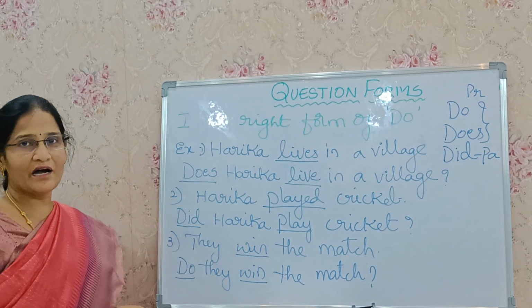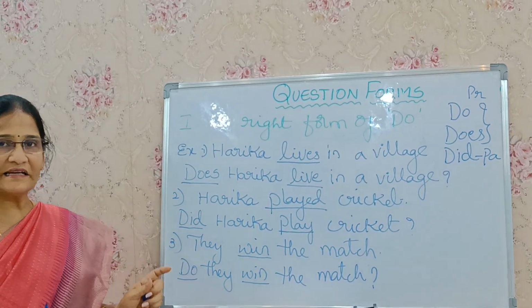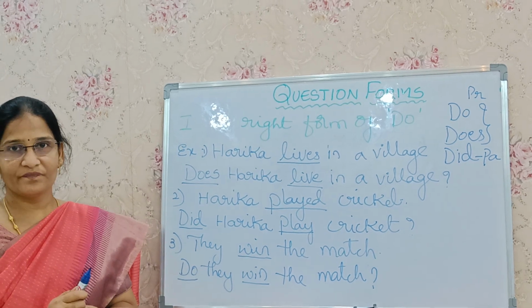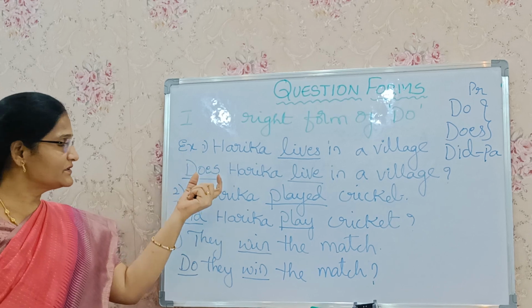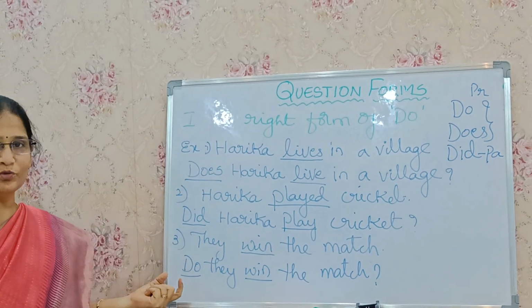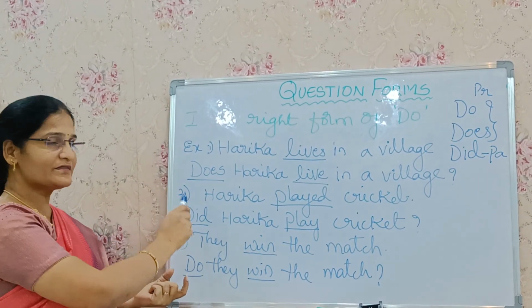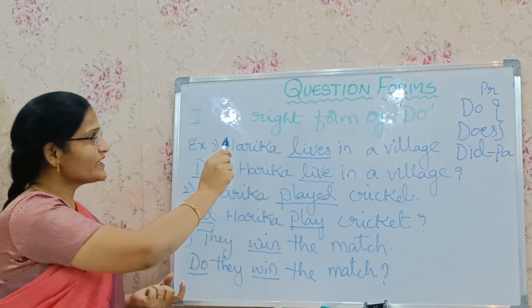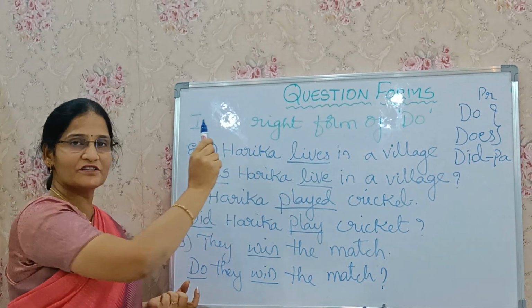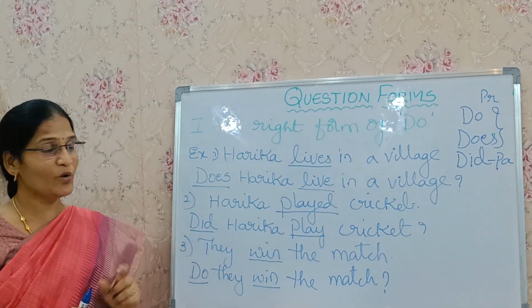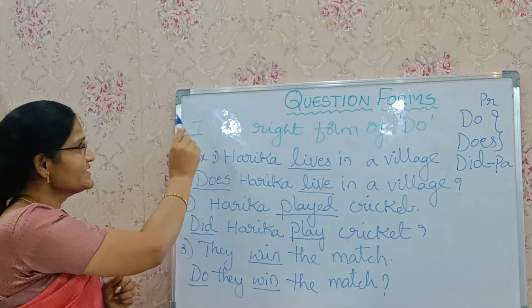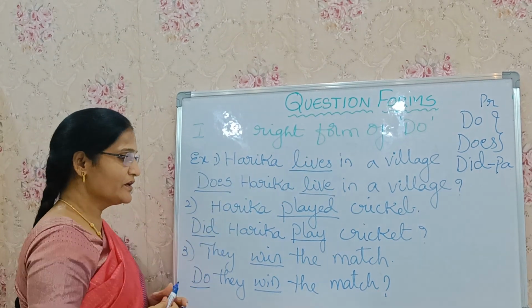Whatever examples you take, accordingly you need to change these verbs. So does, did, do: if you understand these three do forms of the verb, changing the statement into a question using the right form of do is very easy. Hope you understand. This is one, that is the right form of do.